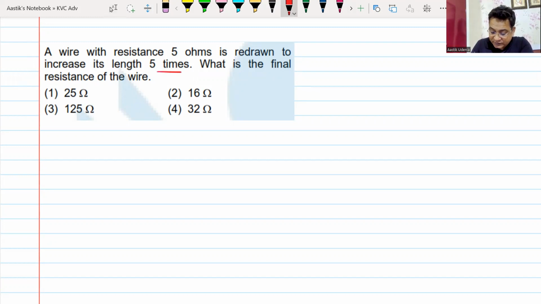Length has been increased 5 times. I also gave you the formula for that. Resistance is rho L by A. If length increases 5 times, what will happen to the resistance? It will increase how many times?